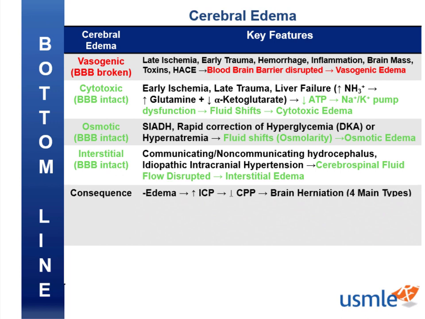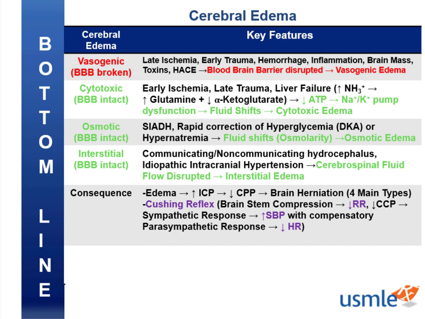In terms of consequences, cerebral edema leads to a rise in intracranial pressure and subsequent decrease in cerebral perfusion pressure, all of which can lead to brain herniation syndromes. Additionally, cerebral edema can lead to the Cushing reflex, which involves brainstem compression, leading to a reduced respiratory rate, a decreased cerebral perfusion pressure, which then leads to a sympathetic response and hypertension.